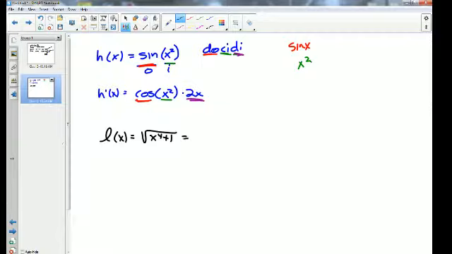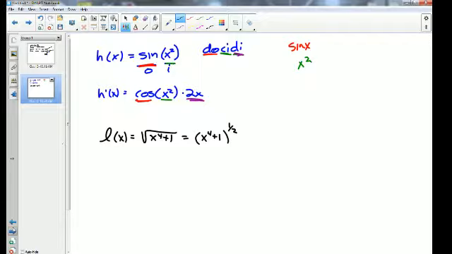How do I rewrite that as an exponent? It's a square root, right? Right. 1/2 power. Okay. What's the exponent for x to the 4th plus 1?